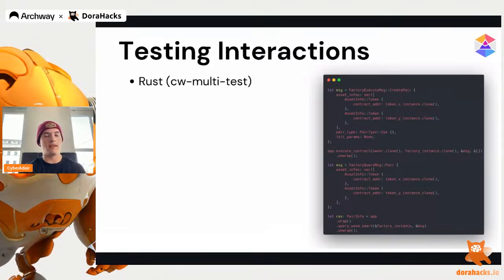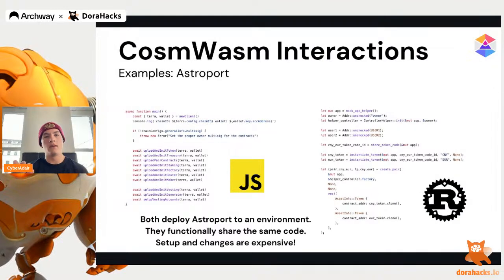I'm also going to show you an example in JavaScript. These are actually Astroport's deployment scripts for all of their contracts. They do it all in TypeScript because it's a lot faster to write TypeScript, of course. TypeScript's a little nicer than Rust.